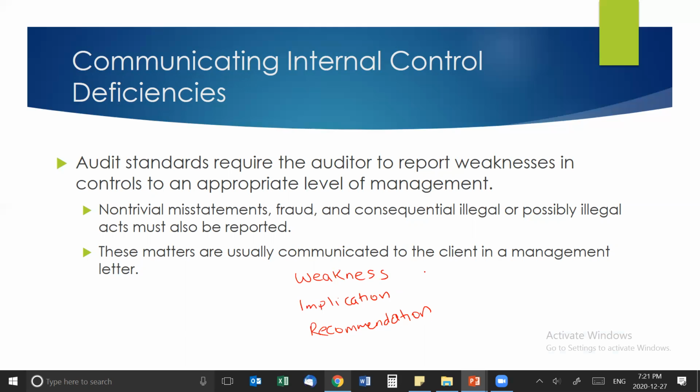So that's another thing that we have to do as auditors. After gaining understanding, we know that there are weaknesses in controls. We don't just stop there and say, okay, we're not going to test controls, let's move on. We actually have to communicate those weaknesses and provide recommendations, so the company can hopefully fix them for the next audit.